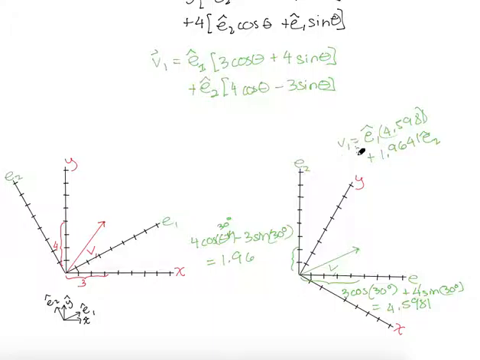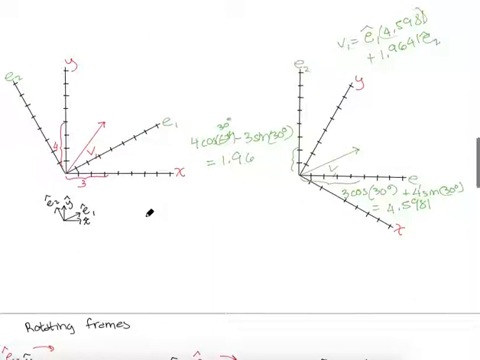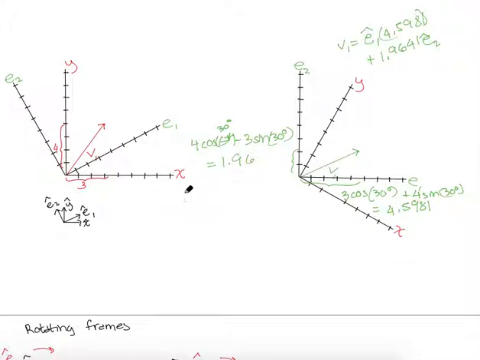Okay, so this is V1 here, and this is V1 in the E2 E1 space, and this is V1 in the XY space. But notice V1's magnitude here is 5, and V1's magnitude here is 5.